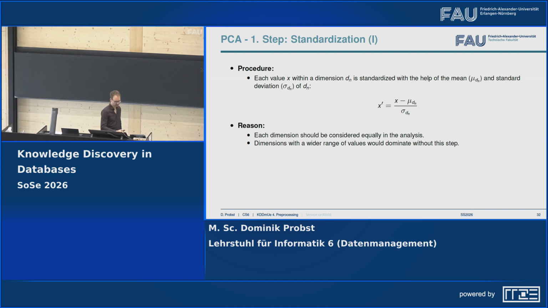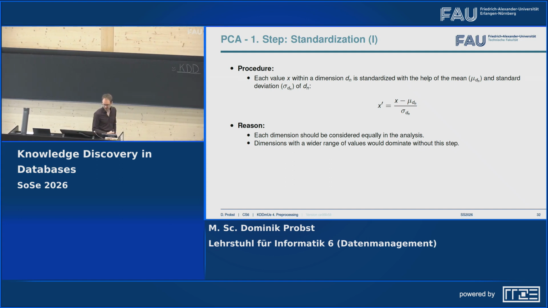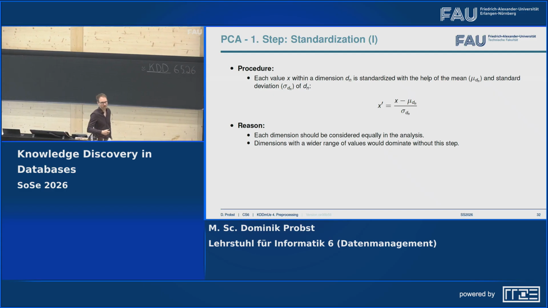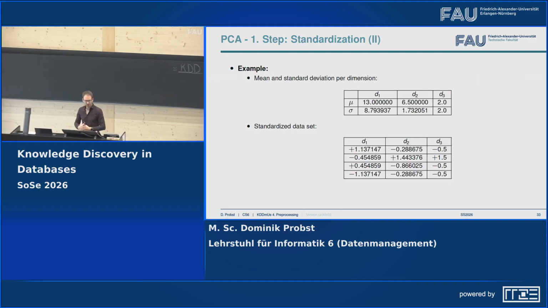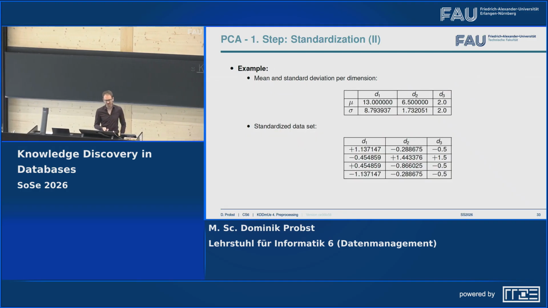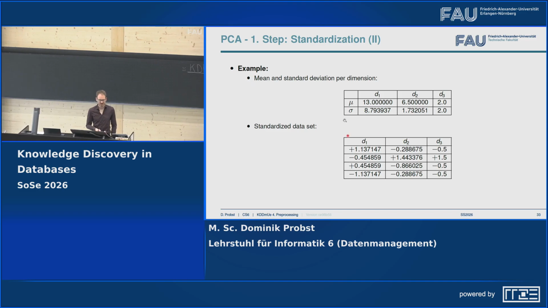If we wouldn't do that step, then we would end up with dimensions with a high range of values dominating our PCA, and that's something we want to avoid. If we calculate the mean and the standard deviation per dimension, we end up with a mean of 13 and 6.5 for dimensions 1, 2, and 2 for dimension 3.